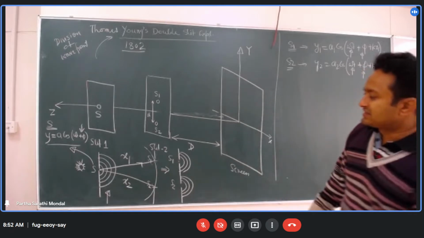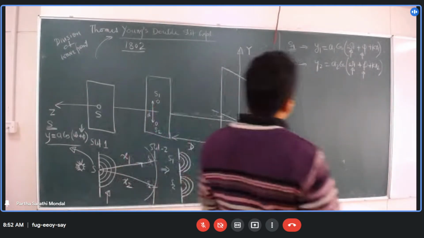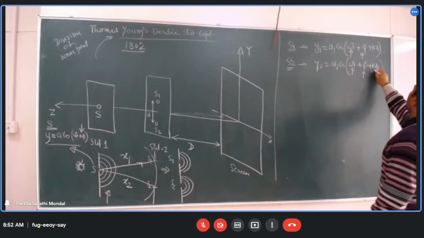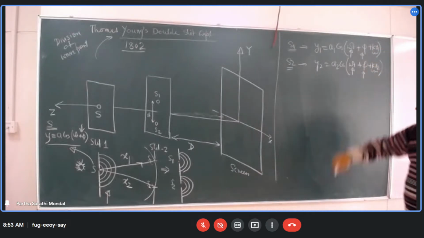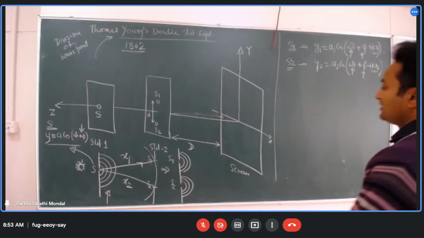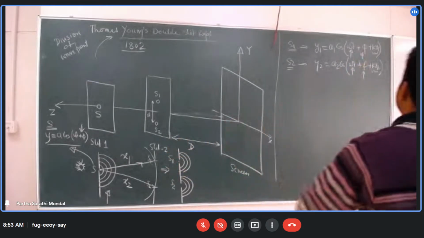Since it travels the x1 and x2 paths, some phase will add up because of the travel of the light from the original source to the secondary source.